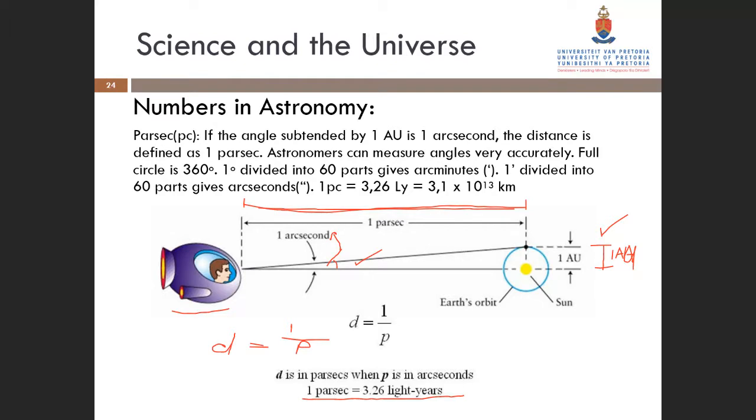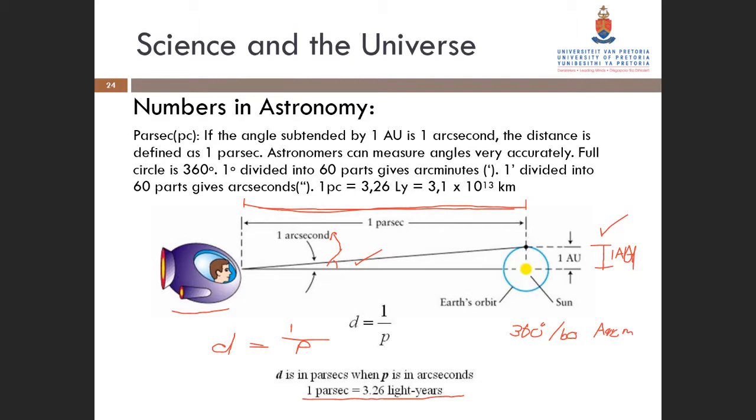So another way to think about this is we know a full circle is 360 degrees. So we want to work in minutes, so dividing it by 60 gives us arc minutes.